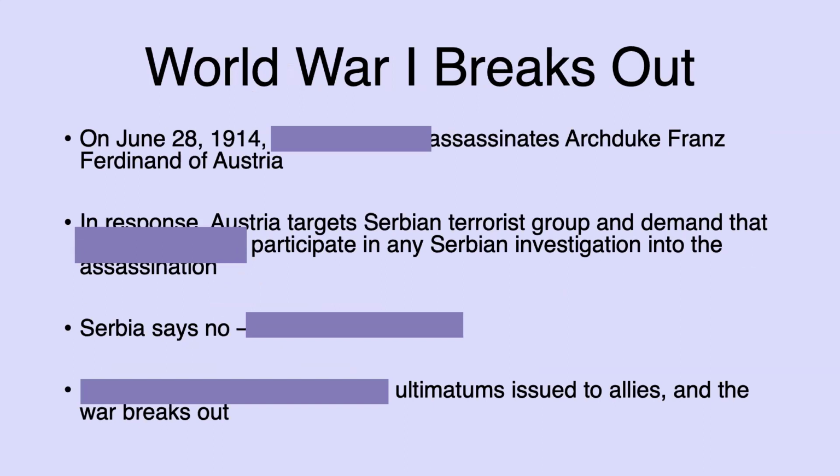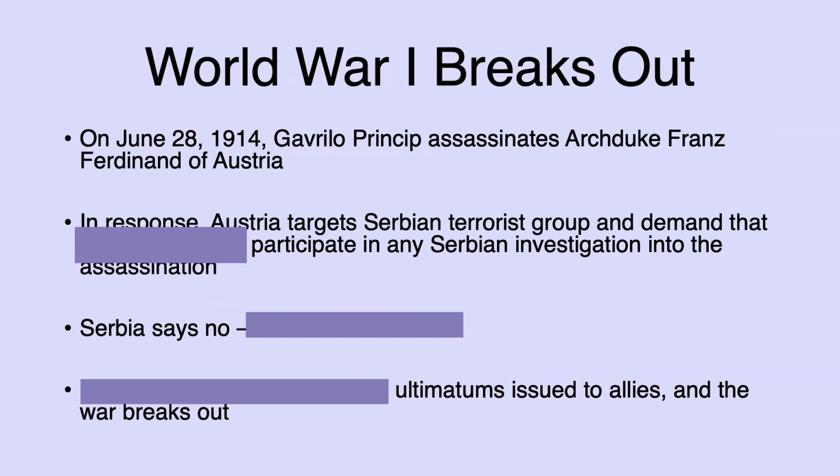So, as Europe is becoming increasingly divided, as these alliances are solidifying, as tensions are rising, there's one key event that acts as a catalyst for the outbreak of World War. And that is on June 28th, 1914, Serbian Gavrilo Princip assassinates the Archduke Franz Ferdinand of Austria.